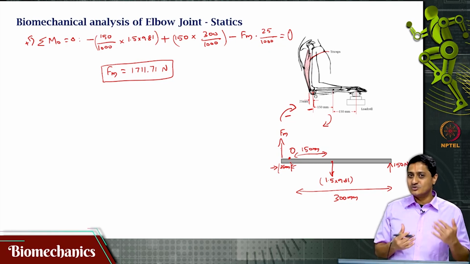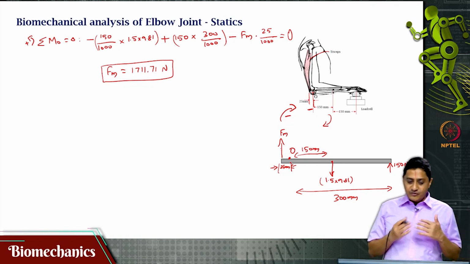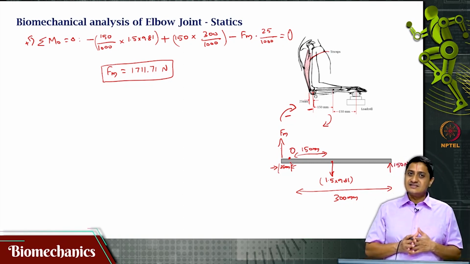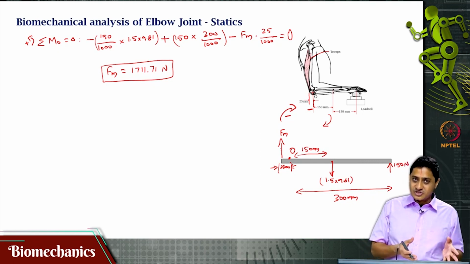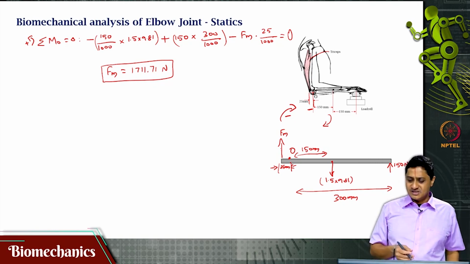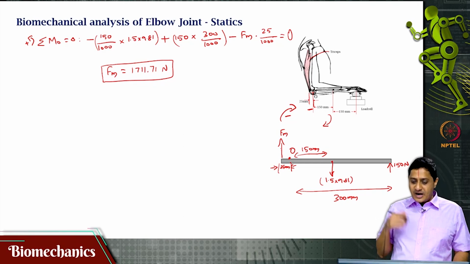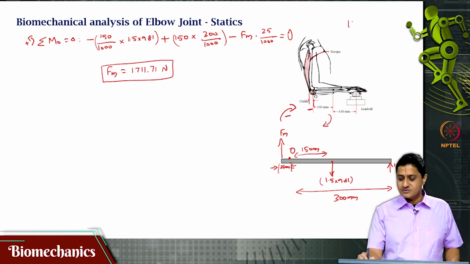Between 1500 and 2000 is where my answer is, that matches. So, if you get an answer like this, it is likely that it is correct. But if you are getting an answer as 171 newtons, this is likely wrong.